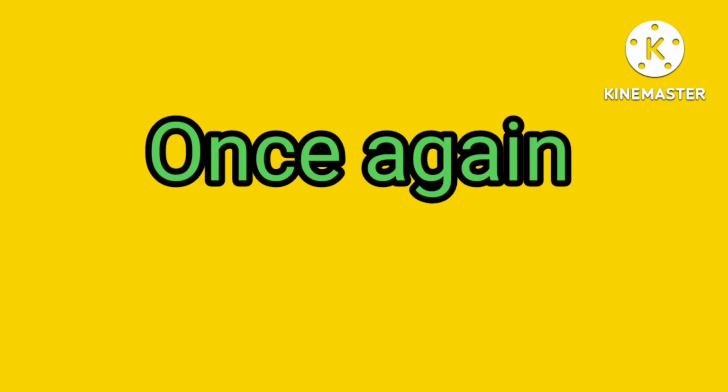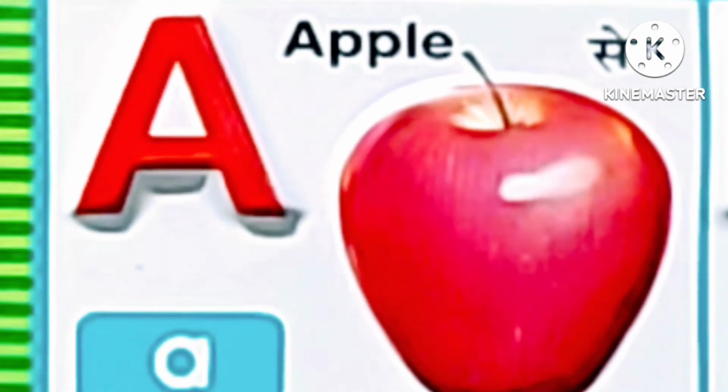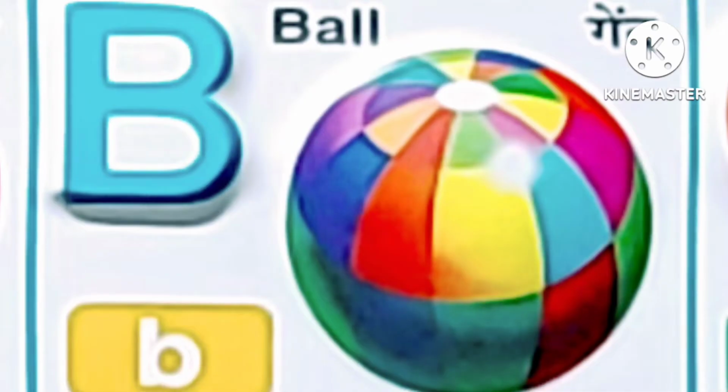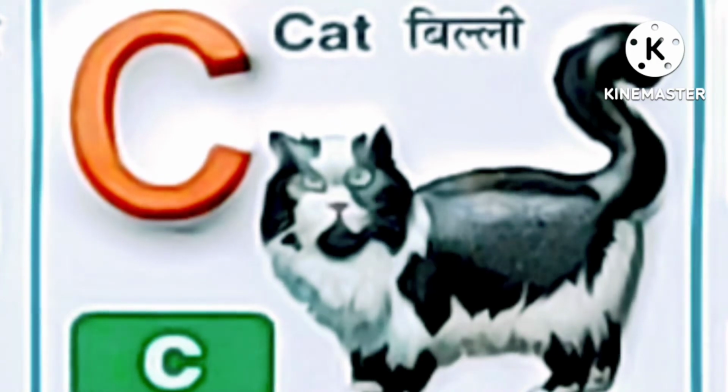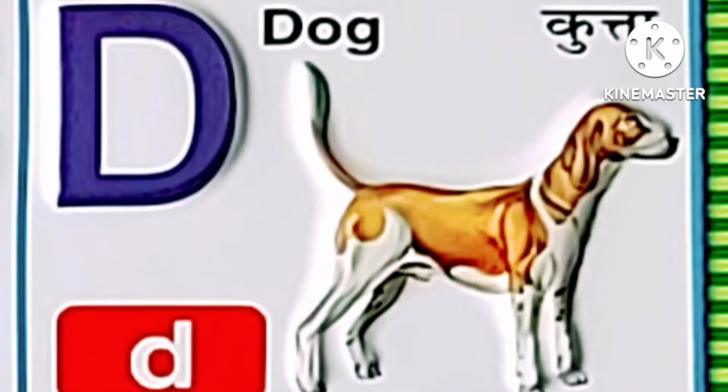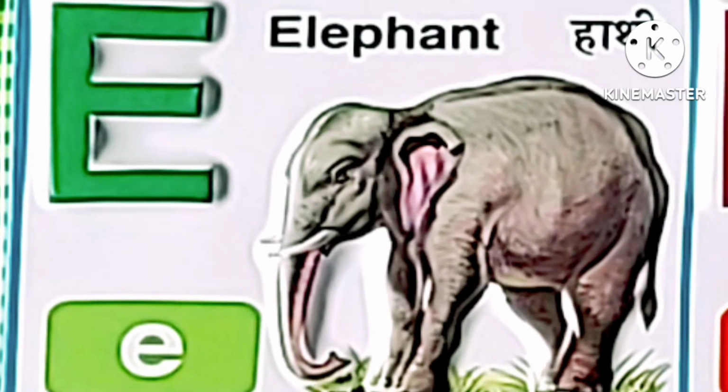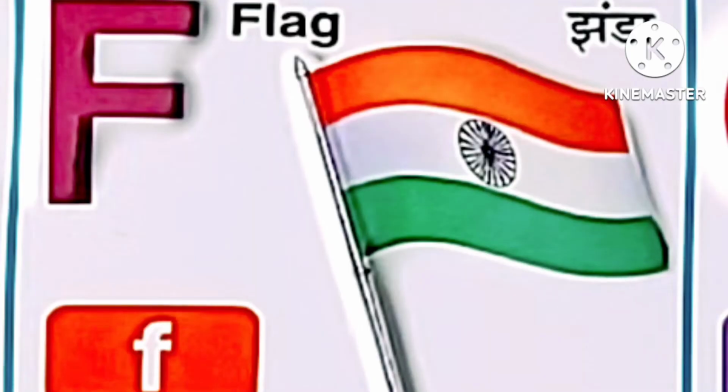Once again. A for apple. B for ball. C for cat. D for dog. E for elephant.